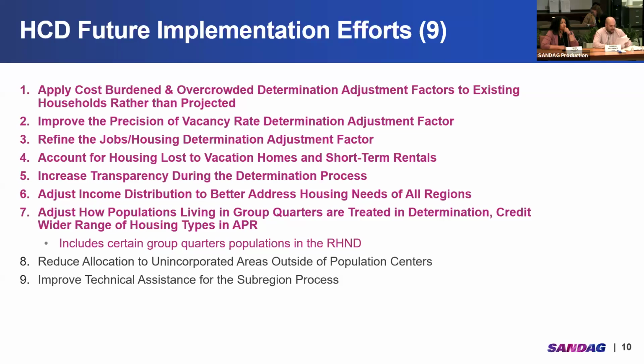These changes include applying cost burden and overcrowded determination adjustment factors to existing households rather than projected, improving the precision of vacancy rate determination adjustment factor, refining the jobs housing determination adjustment factor, accounting for housing lost to vacation homes and short-term rentals, increasing transparency during the determination process, adjusting income distribution to better address the housing needs for all regions, adjusting how populations living in group quarters are treated in the determination, and crediting a wider range of housing types in the APR, reducing allocation to the unincorporated areas outside of population centers, and improving technical assistance for the subregion process.